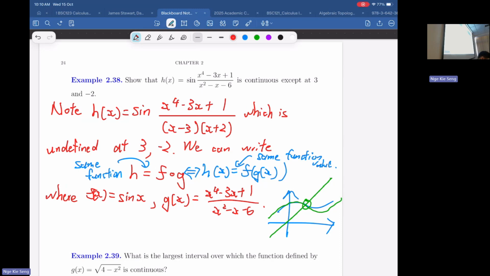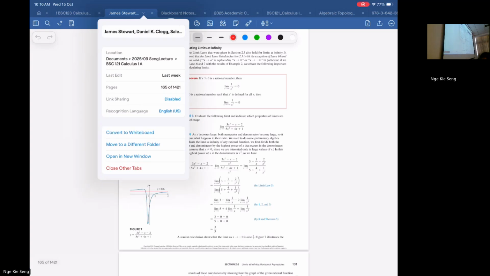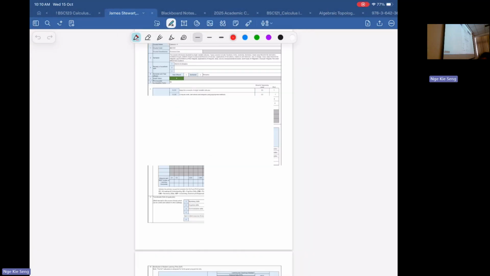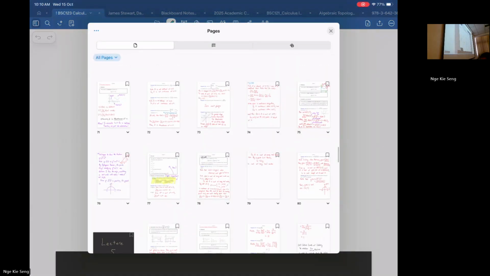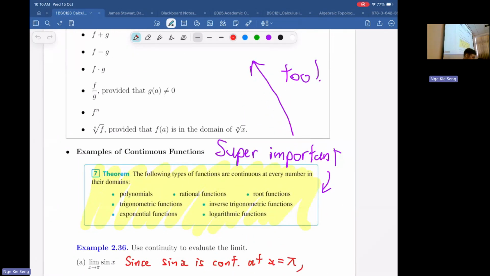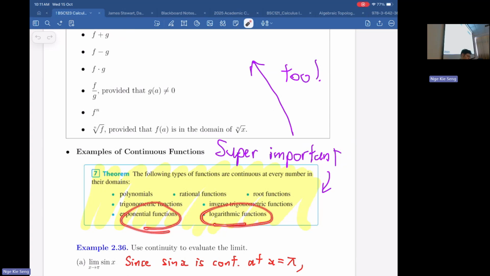Maybe I turn to that page so that you know what I'm talking about. So please remember this very important theorem here. Whenever you map polynomial function, rational function, root function, trigo function, inverse trigo, exponential function, logarithmic function, these are continuous functions at every point in their domain.